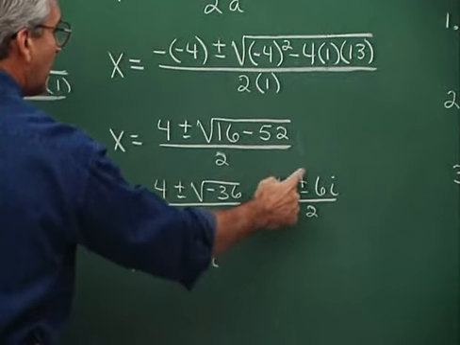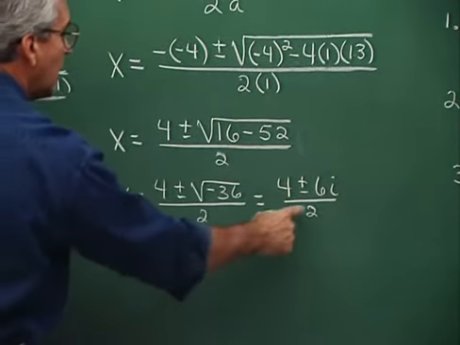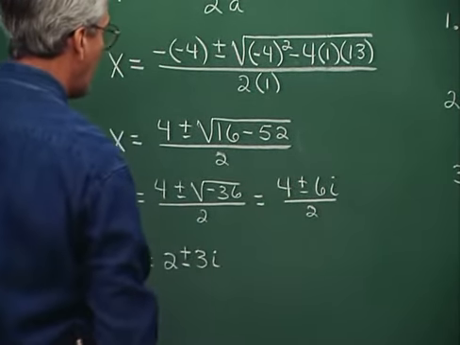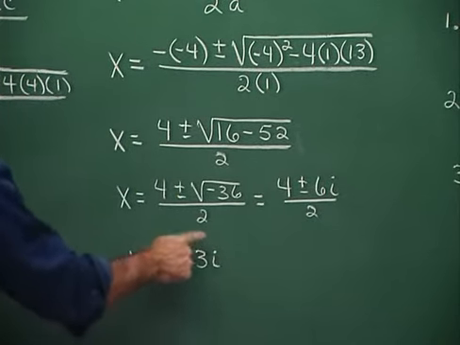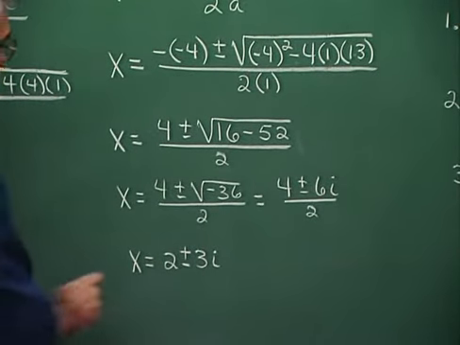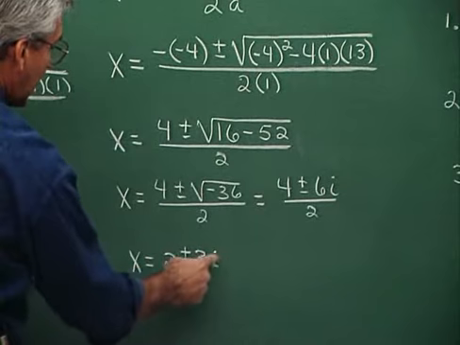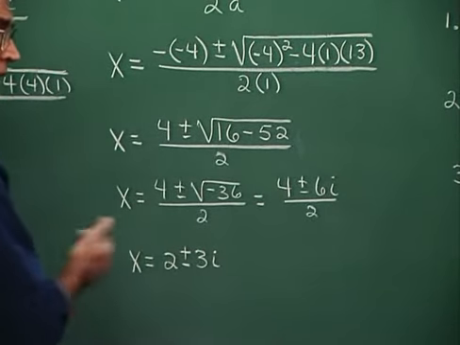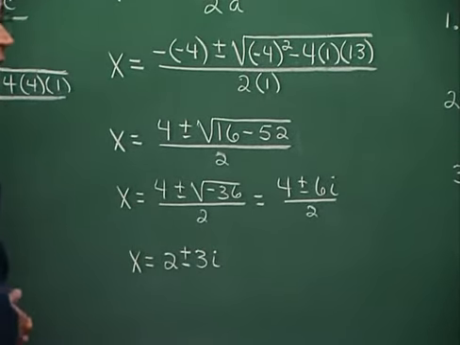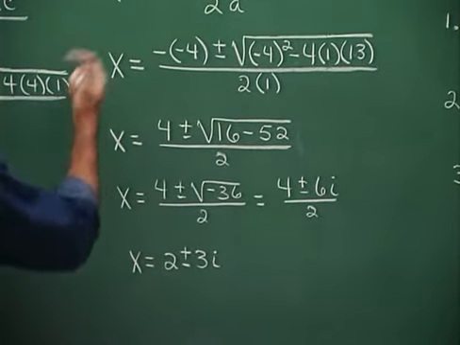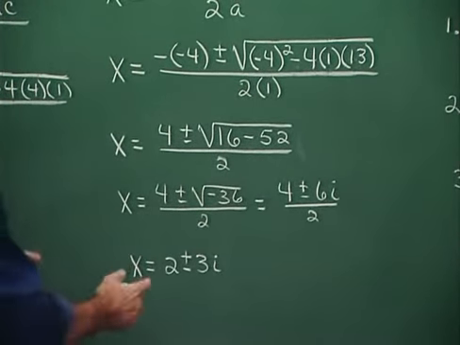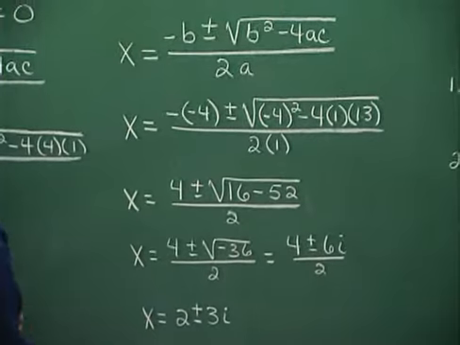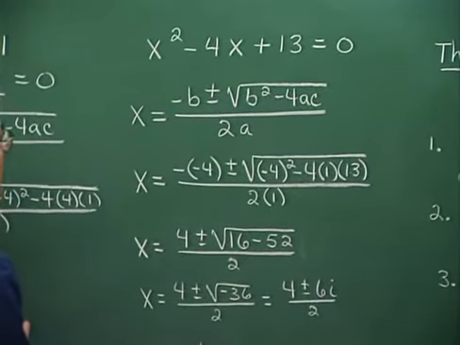So we have 4 plus or minus 6i over 2. The 2 divides both parts of the numerator, so this is 2 plus or minus 3i. Our two solutions. Now notice 2 plus 3i, 2 minus 3i are our two solutions, or they're called roots to our original equation. And if we put these values into the original equation, we would indeed see that we have truth.